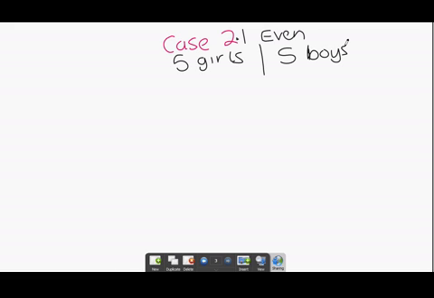And somebody asks you how many different ways can they stand in a queue. So I'm going to represent the girls with the black color. So the girls can stand, all the girls in front, 1, 2, 3, 4, 5, and then all the boys behind the girls, 1, 2, 3, 4, 5. Do you see that?